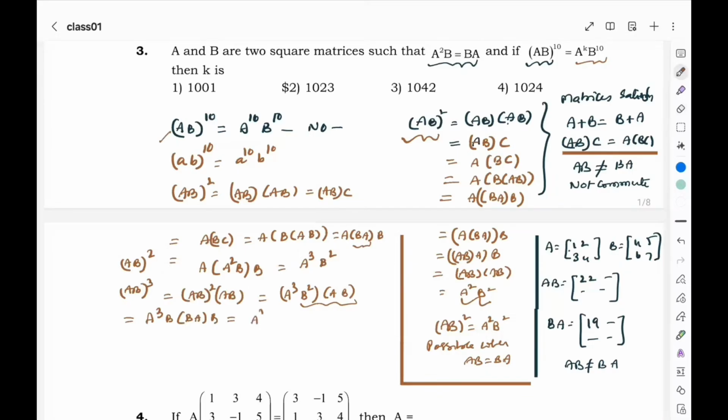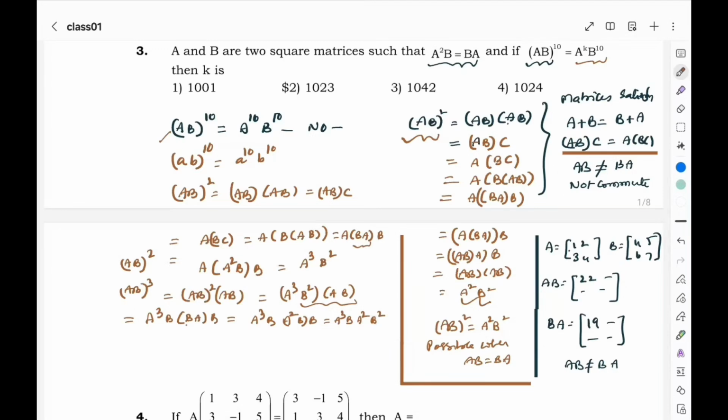You can write BA as, based on the given question, A square B of B. So this you can write as A cube A square B square.